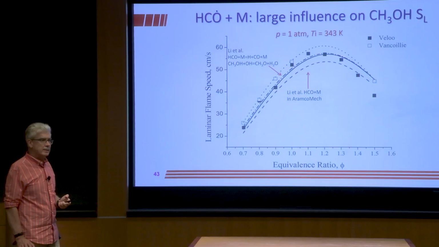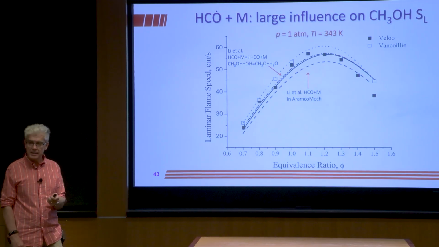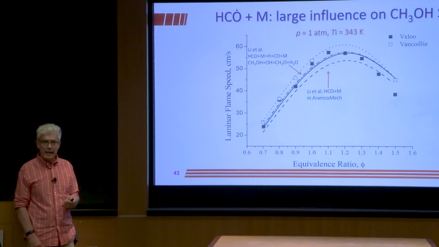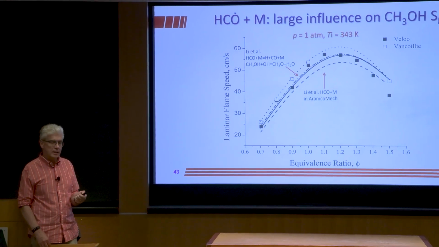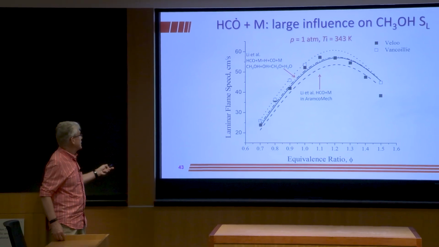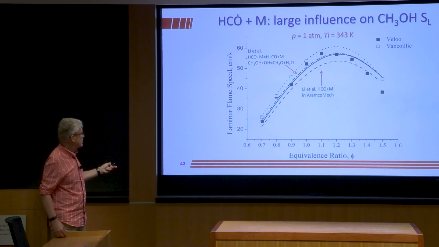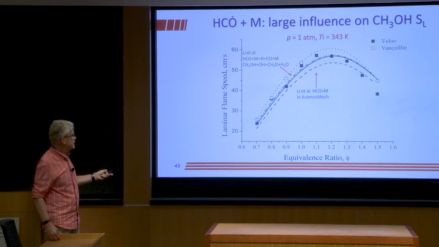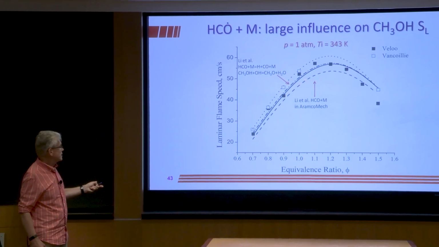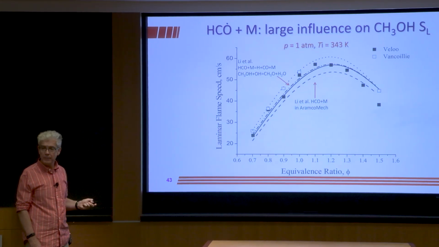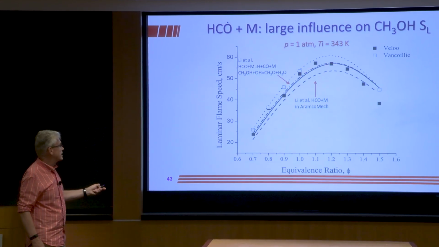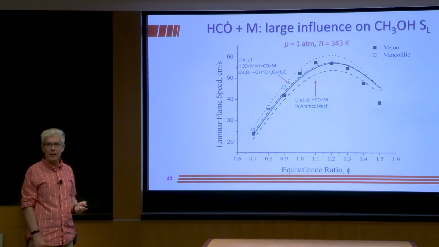So the point that I'm making here is that there's some compensation in the rate constant that is used in the Lee et al. mechanism, in this rate constant that's compensating for the slower rate of HCO plus M, which then brings it back in line with the Aramco-Mech prediction.